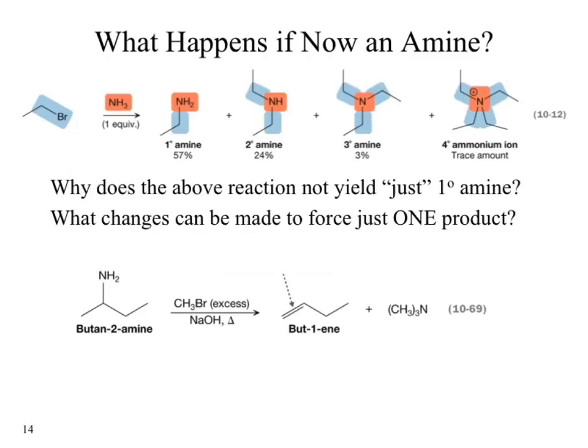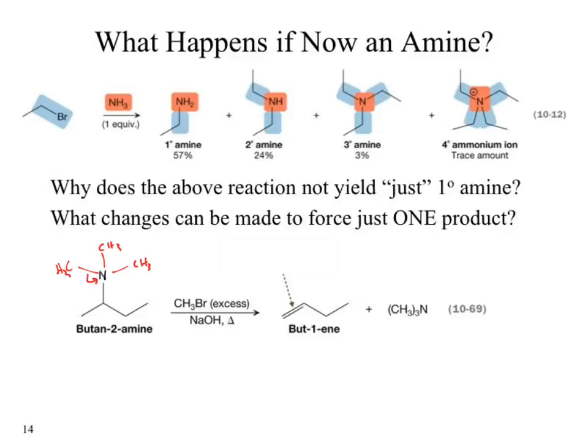We add a methyl halide and not, say, an ethyl, okay, or a propyl, or anything longer. Why do we stick to the methyl? Can I eliminate from a methyl?